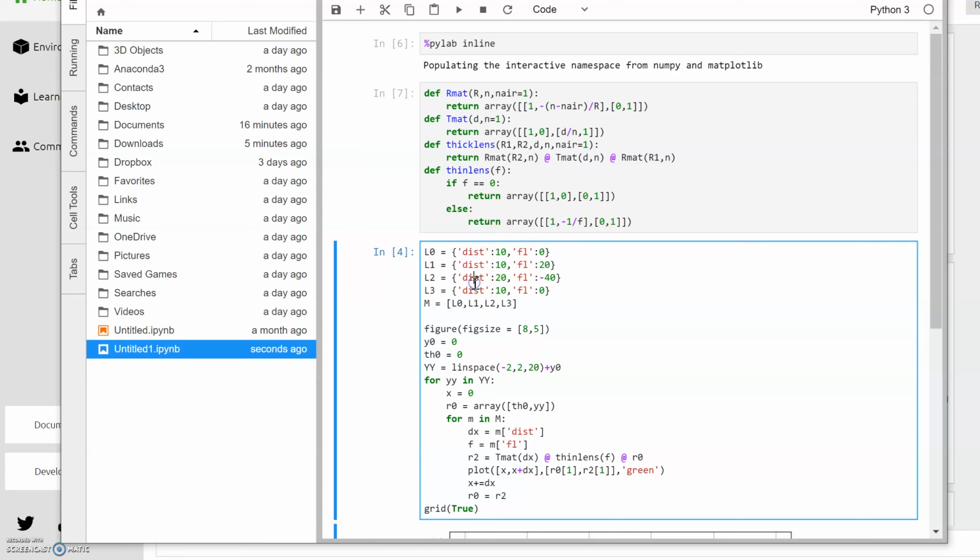And what this does is it just simulates propagation. So we're going to start it just to show a collimated beam coming in. We're going to propagate for a bit, hit the first lens, focal length of 20, and then hit a second lens with a focal length of negative 40, and then just propagate for a bit. Is that going to be enough? It may not. So let's go to 20 and see what we get here.